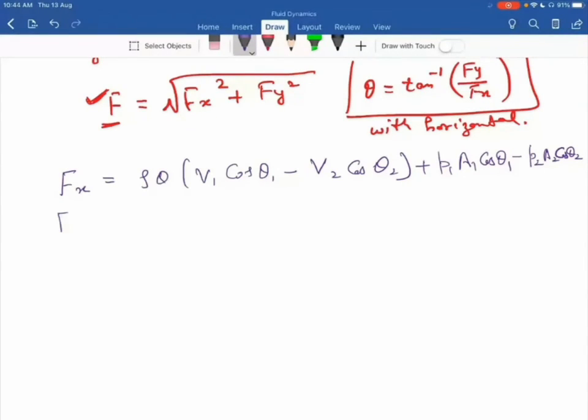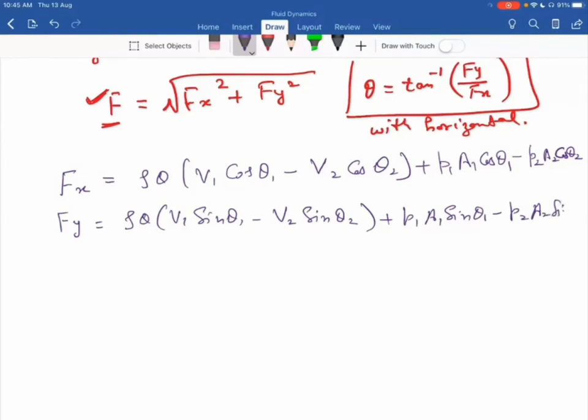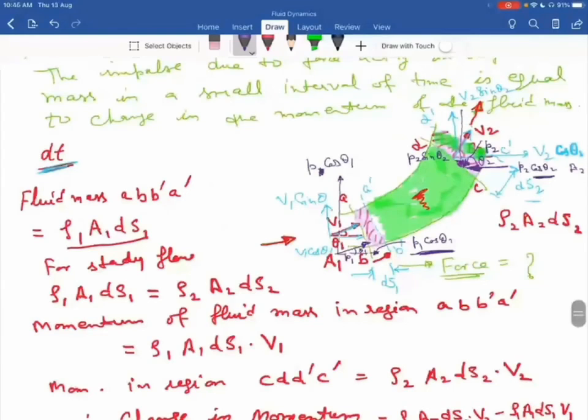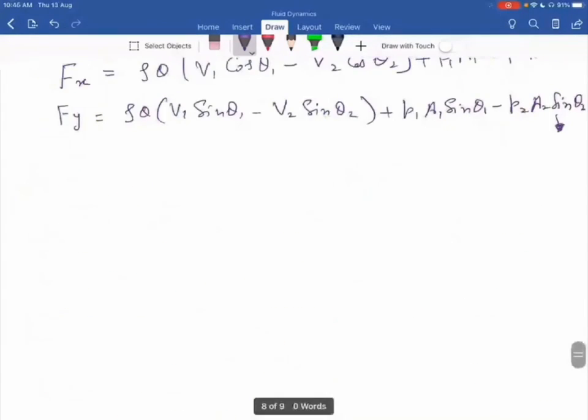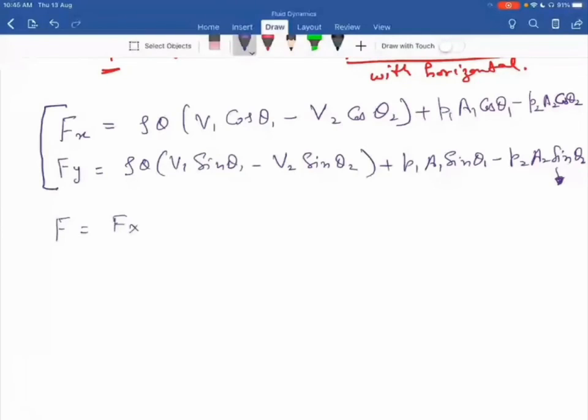Similarly, you can write Fy: rho Q (V1 sin theta 1 minus V2 sin theta 2) के साथ आएगी टर्म plus P1 A1 sin theta 1. Now again you can see P2 A2 sin theta 2 acts in the downward direction. The component जो है वो downward direction में है. You can see in this diagram. So in that manner you can calculate Fx, Fy, then the resultant force, and then the theta, tan inverse Fy upon Fx.